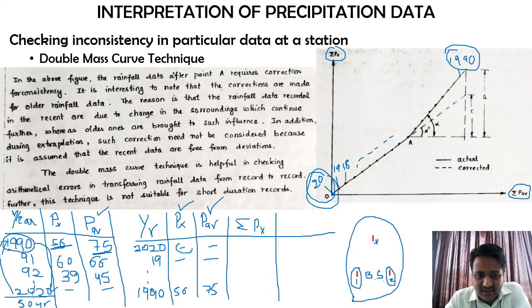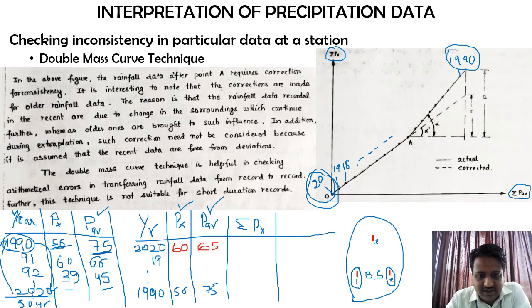Kindly try to understand this. Whatever the value is over here, that value will directly come here. Imagine, just for the sake of simplicity, I'll write some values here so that it will be easy for you to understand. Here imagine this is, let us say, 60. Here it is 65.